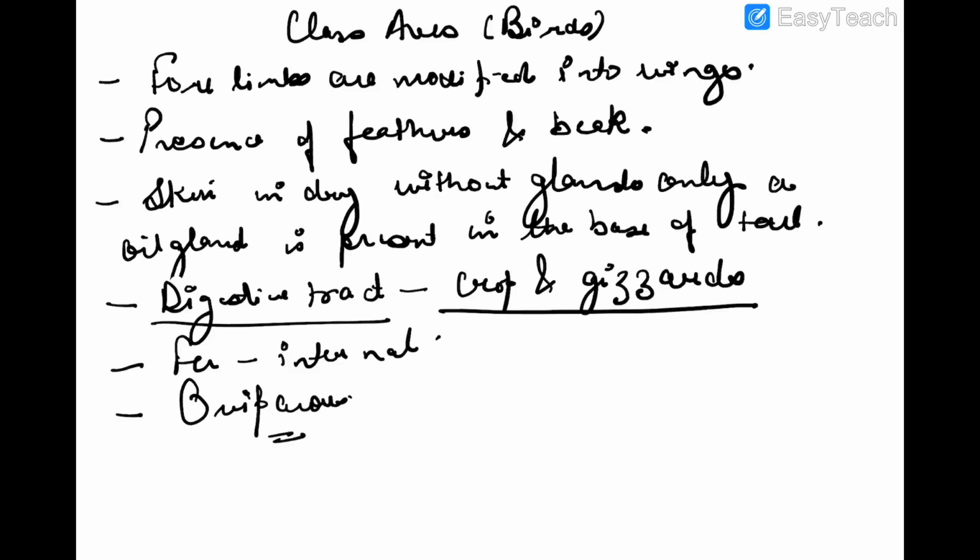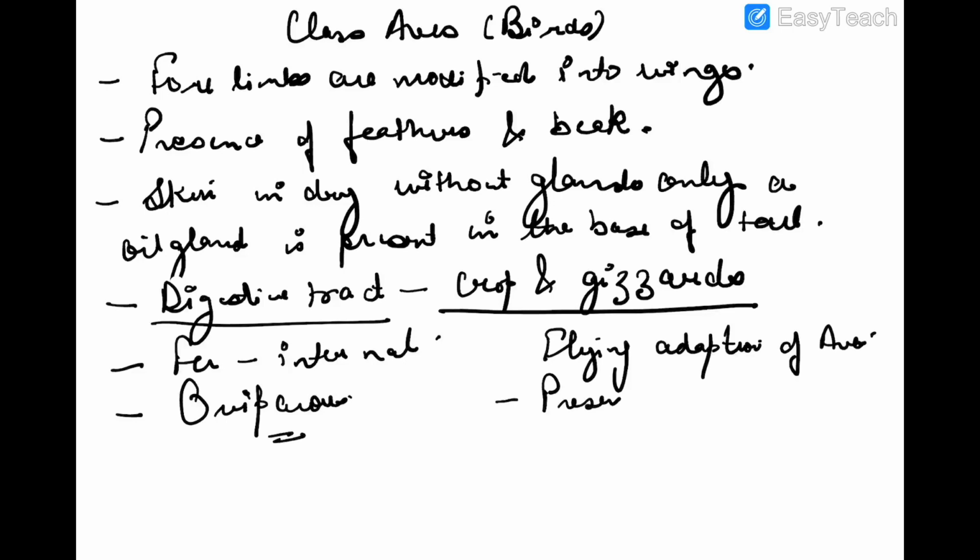Now let us talk about flying adaptations of aves. First is presence of wings, feathers, and beak. Next is they have hollow bones which are filled with air.